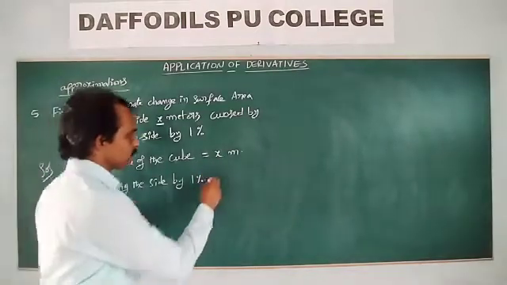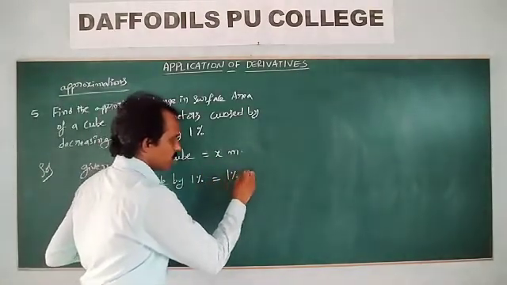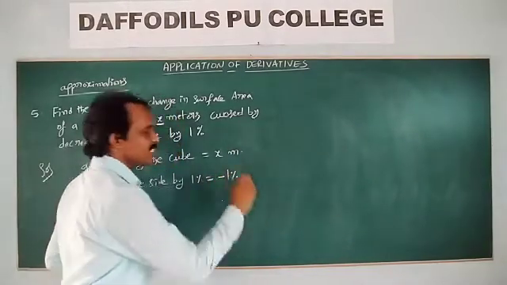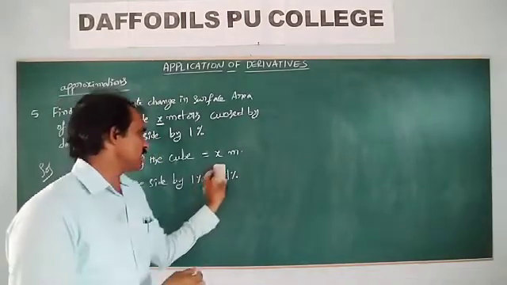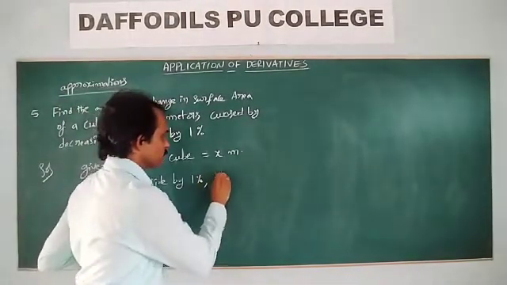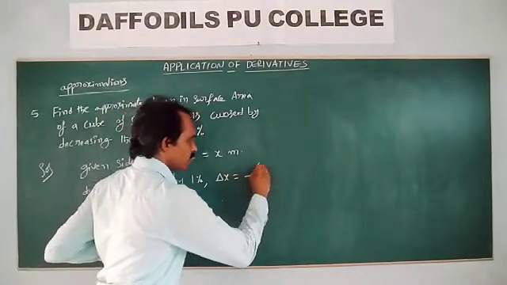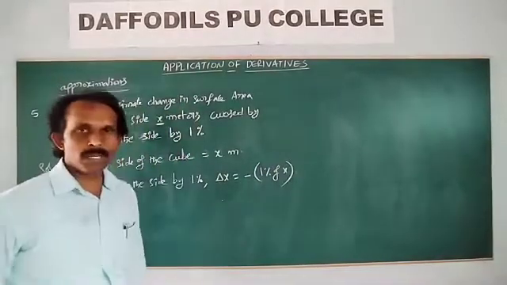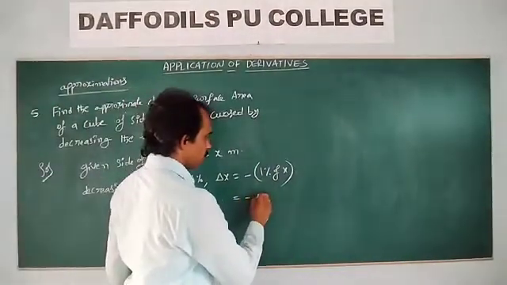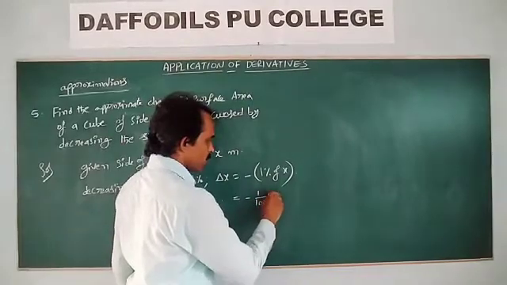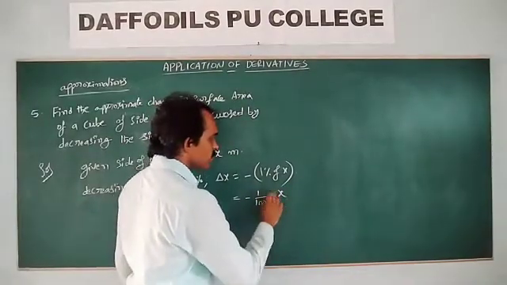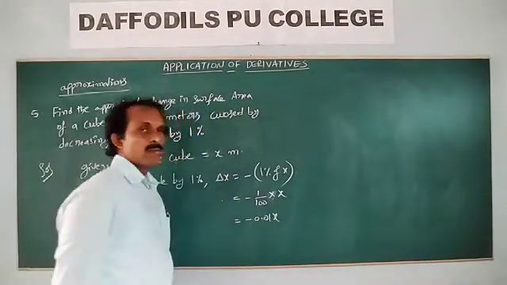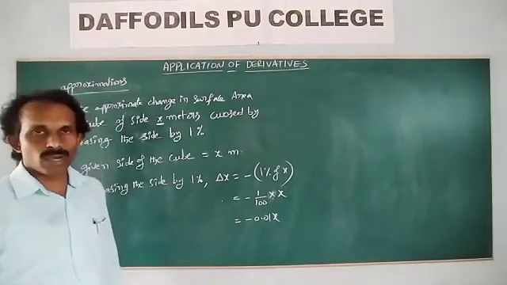Side is equal to x, that implies 1% of x. Decreasing means negative value. Delta x is equal to minus of 1% of x, that is minus 1/100 of x. Therefore, delta x is minus 0.01x.